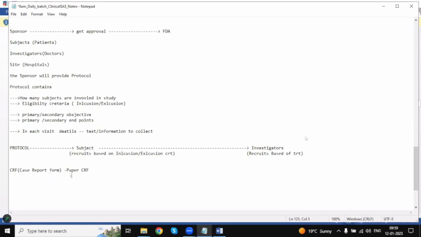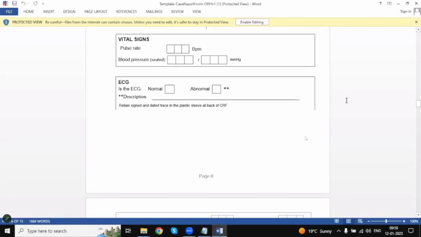Now everything is digitalized. They are maintaining eCRFs, electronic CRFs. The same form is available online. Clear? So this is the CRF, the second important form.